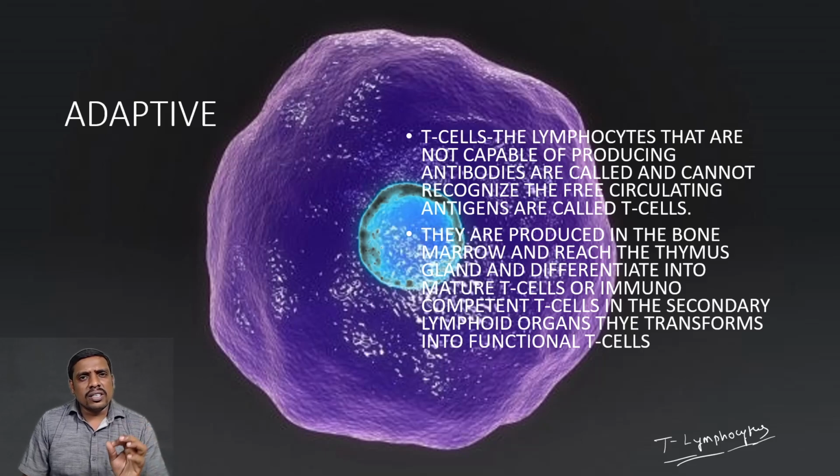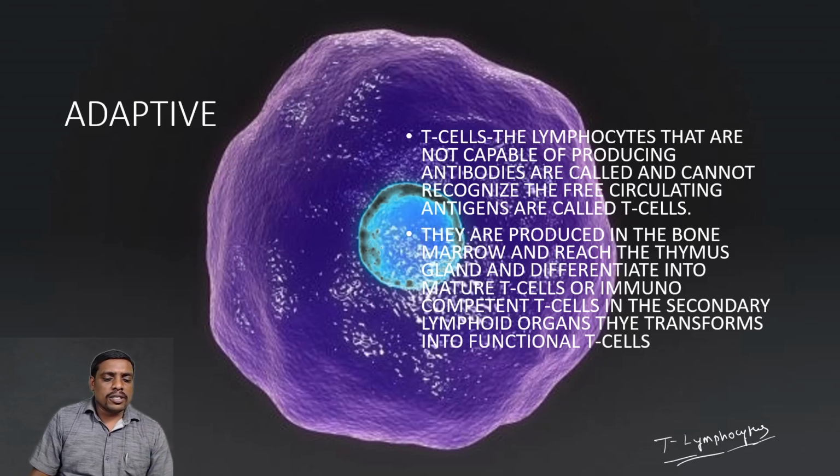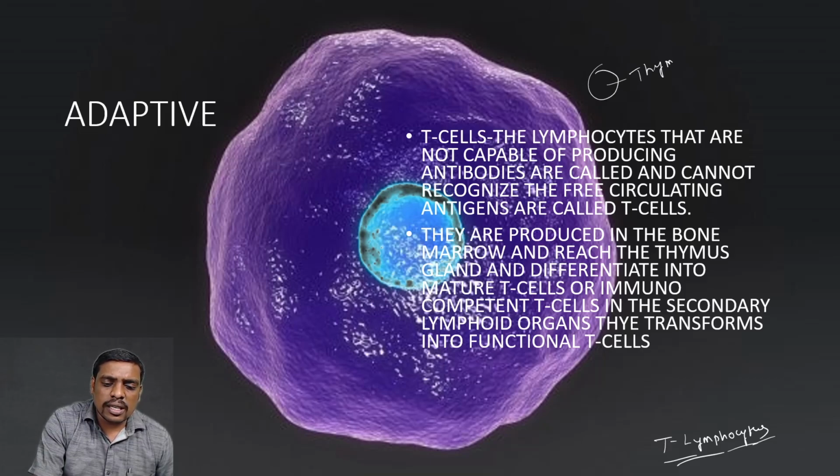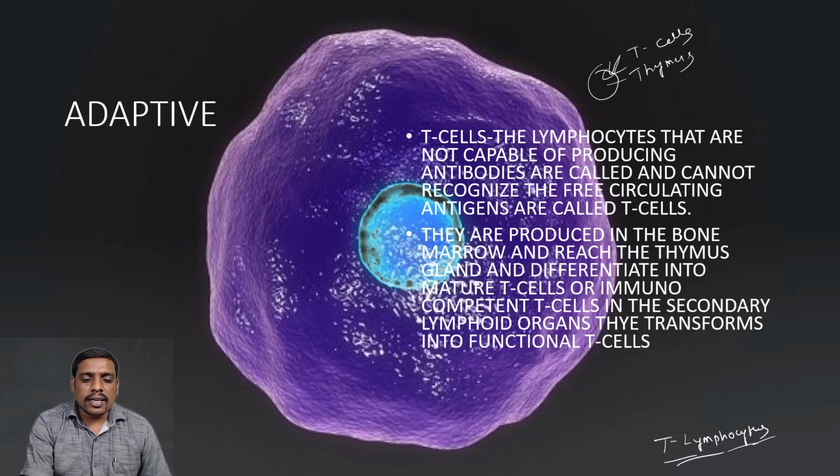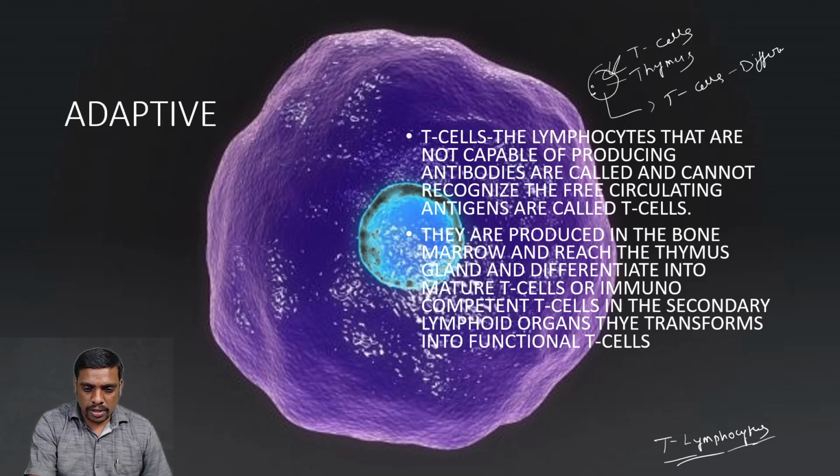So whenever they reach the thymus gland, let me show you a reaction here. Suppose this is a thymus gland. Now the thymus gland receives the T cells or T lymphocytes. Whenever these T cells enter into this thymus gland, the T cells undergo a differentiation or development process.